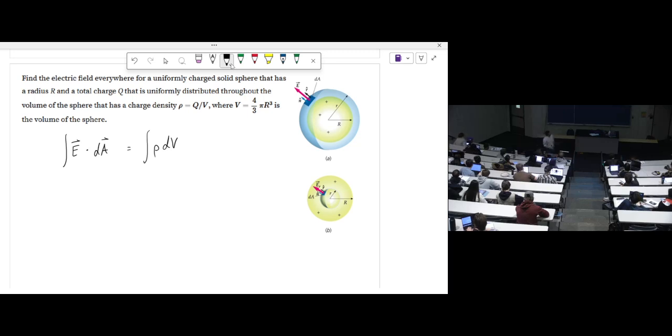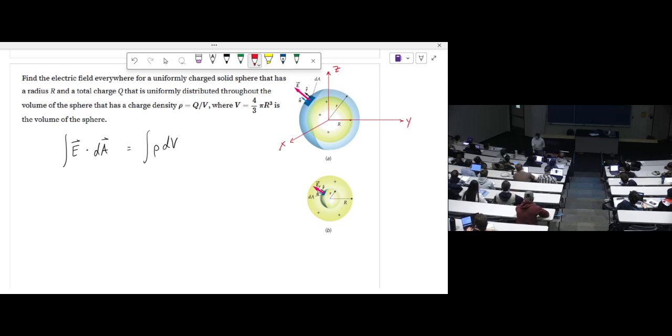I only expect, again, by symmetry, that if this is my coordinate system, let's call this Z, this Y, and this X, by the same rationale as in the last problem, all other components of the electric field other than Z cancel out, and we can say the same thing here.